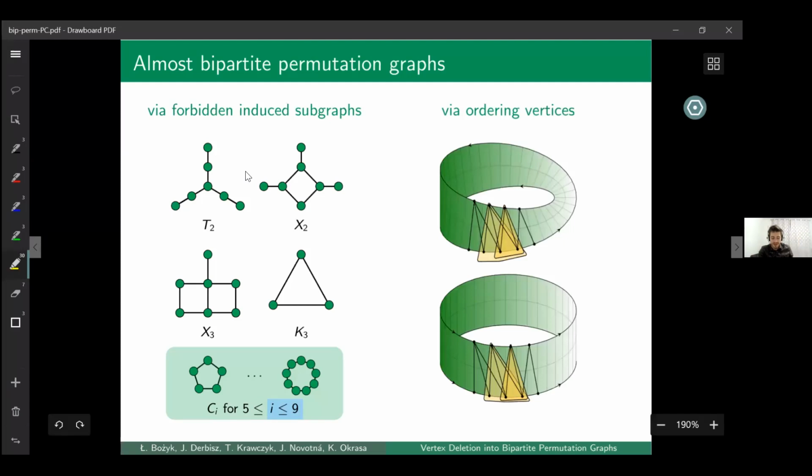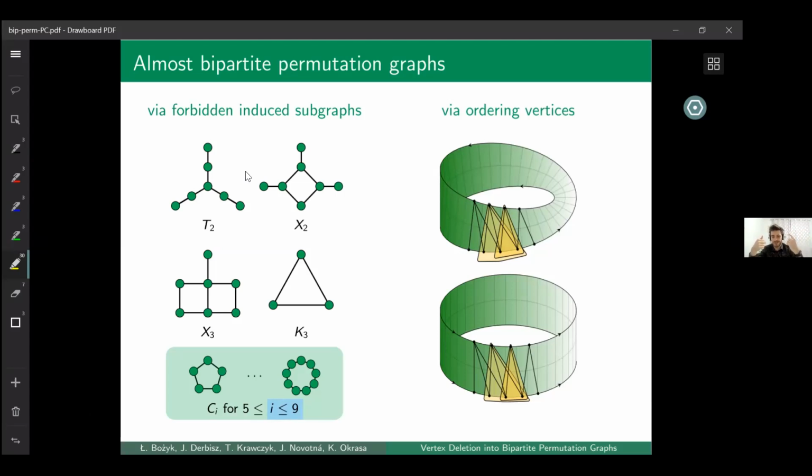forbidden graphs, then each connected component of the resulting graph may be represented in a similar way as the bipartite permutation graph, but this time it's not a rectangular strip, which has a beginning and the end and linear orders upstairs and downstairs. This time it's either a cylinder with these orders being cyclical both upstairs and downstairs, or it's a cylinder with half twist.